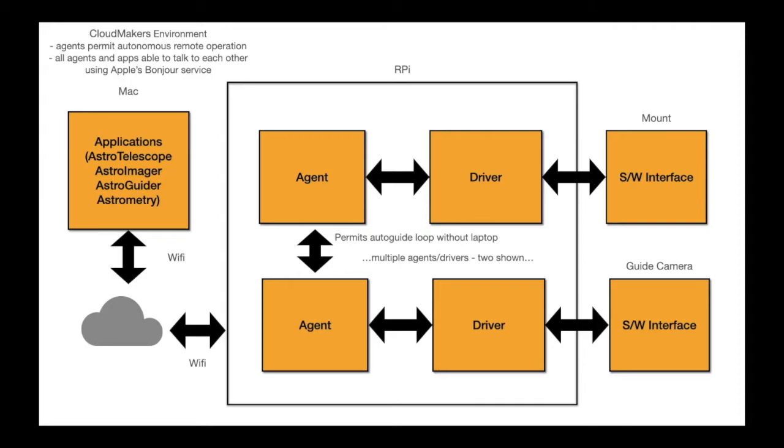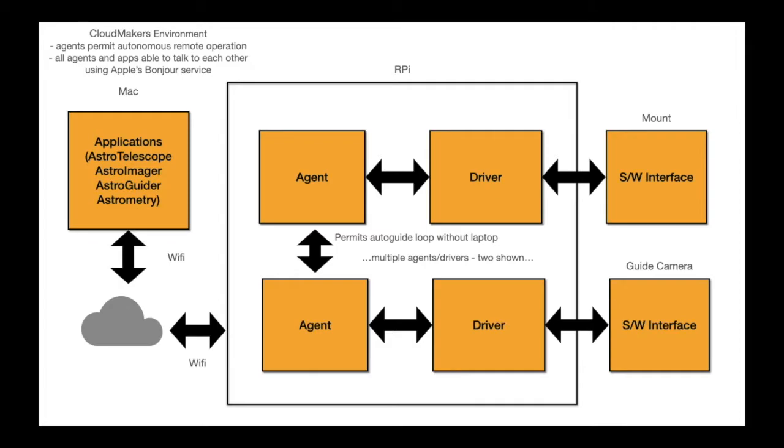And the Raspberry Pi is directly connected to the mount and the cameras. So I have my Raspberry Pi running, it's actually mounted on my scope, connected to everything, and the only thing going up to the Raspberry Pi is a power cable.